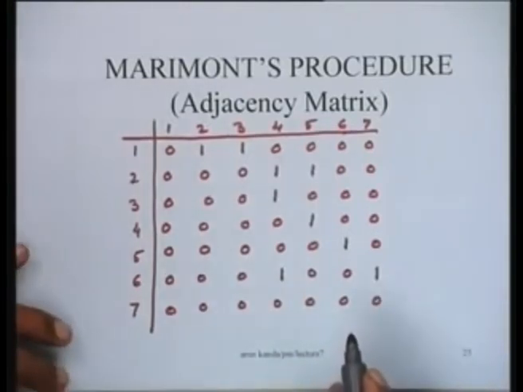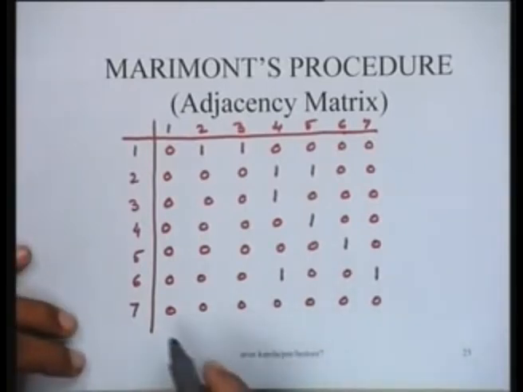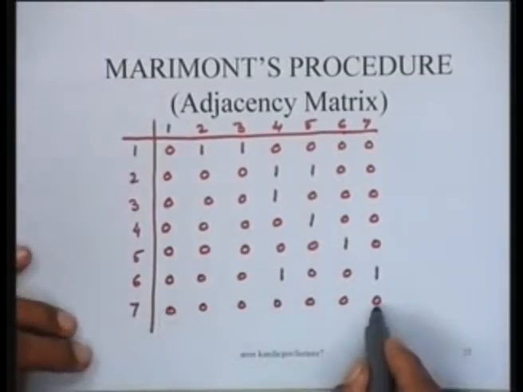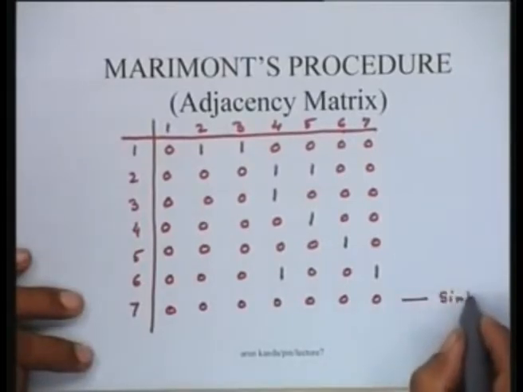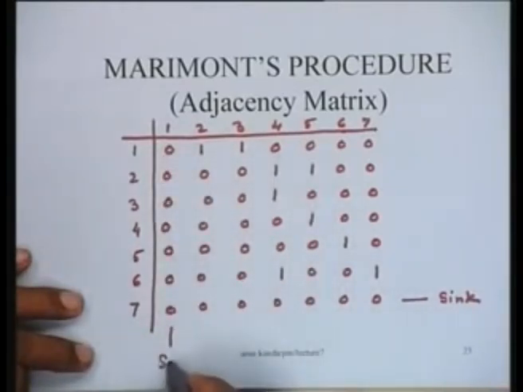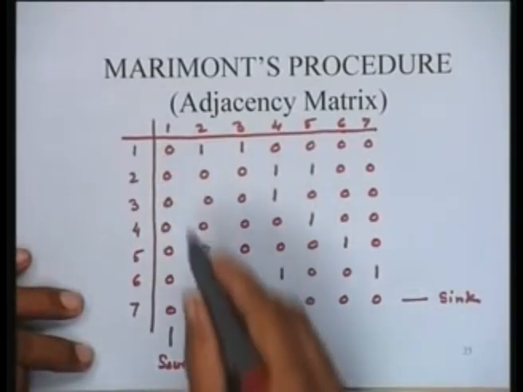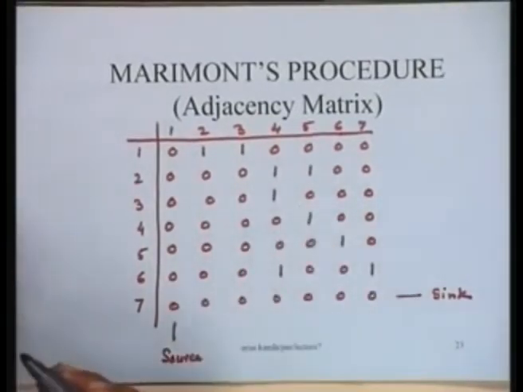So what is really being done is, if you take a vacant row, this shows that node 7 is a sink. A vacant column, that is node 1, is a source. So you look at the adjacency matrix and identify the sources and the sinks, and then you are supposed to delete the arcs which are emanating from the sources and the sinks.